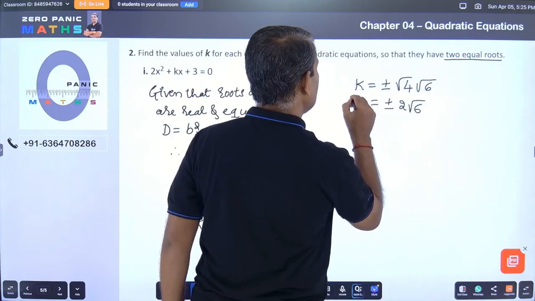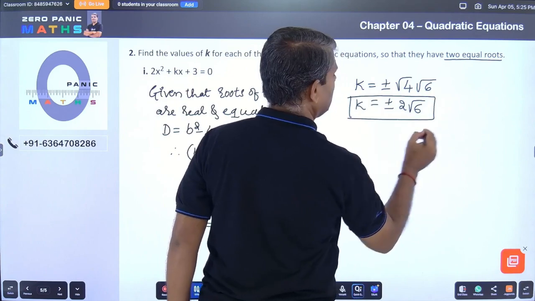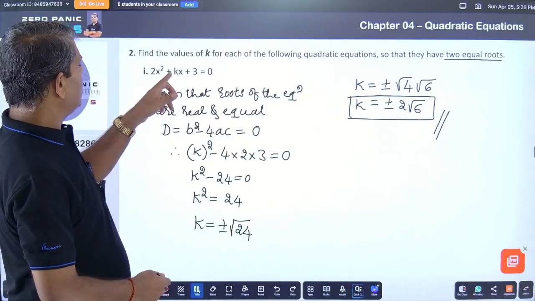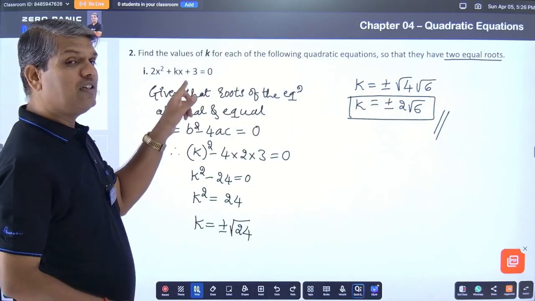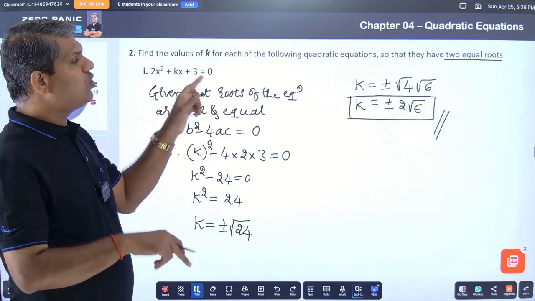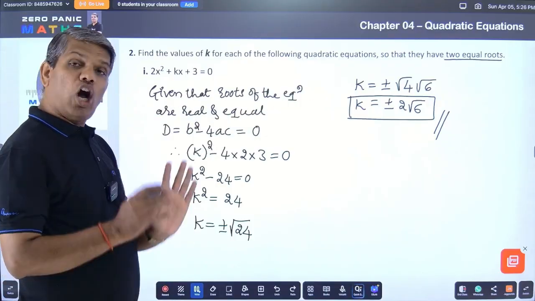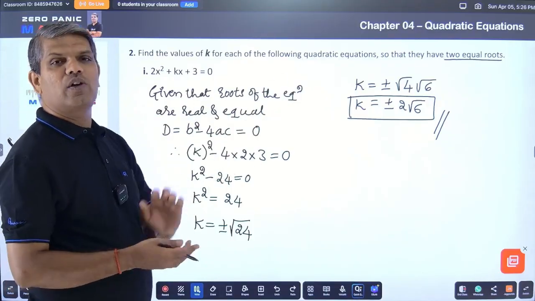So this is the value of k. That's all, nothing else. So the value of k in this equation, making the roots real and equal, will be plus or minus 2 square root of 6.